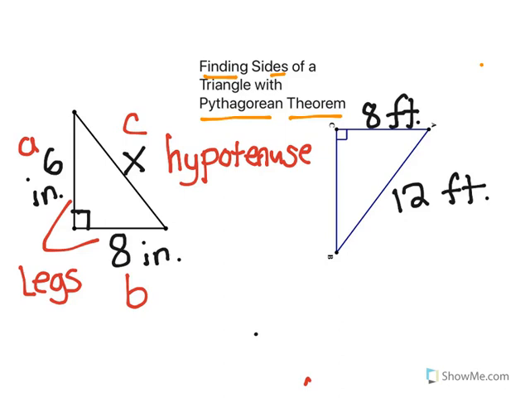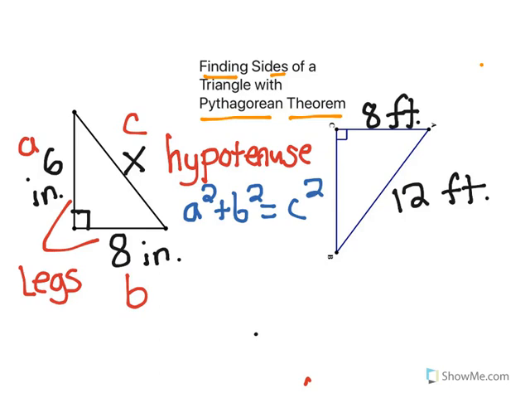Now, to find the missing side, in this case we're trying to find our hypotenuse, we're going to use the Pythagorean theorem. And here's what the Pythagorean theorem says. It says A squared plus B squared is equal to C squared.